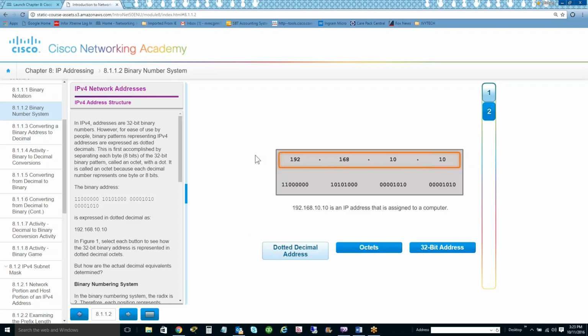Some terminology you need to be aware of: this entire number is what we usually refer to as an IP address, the 4 numbers separated by the dots. Each number between the dots is what we call an octet. Even though it's a little confusing, it's called an octet because it's represented by an 8-bit binary number.